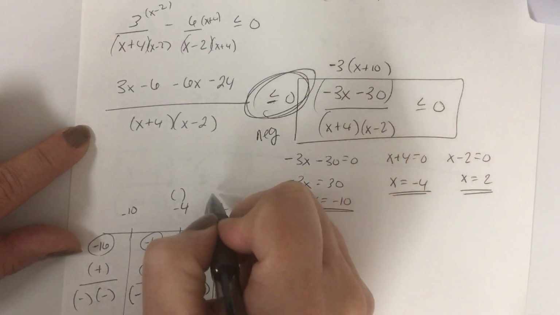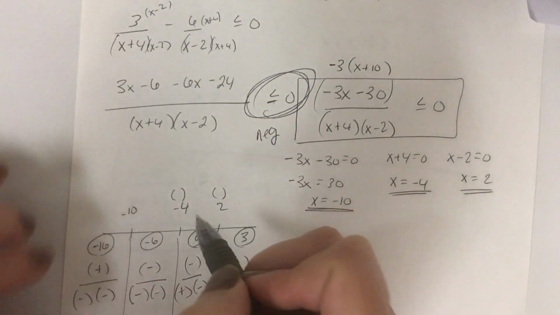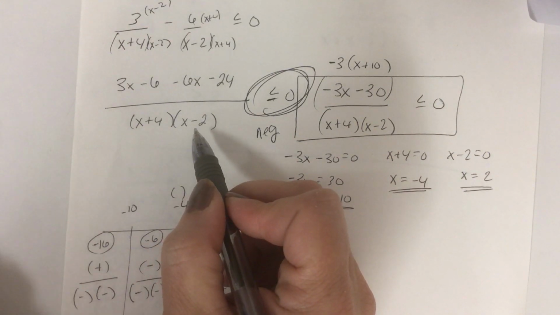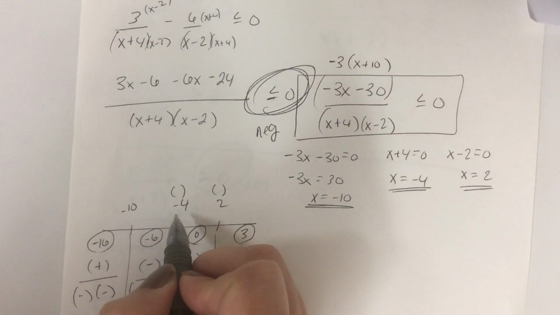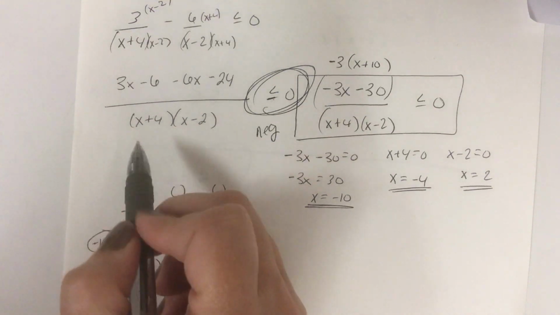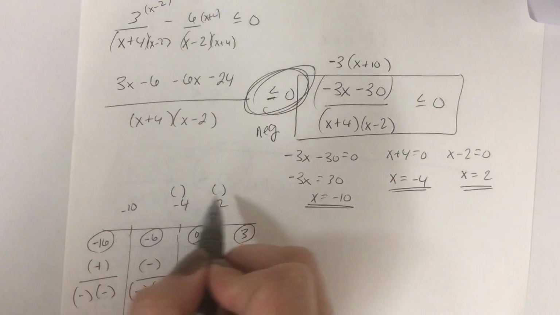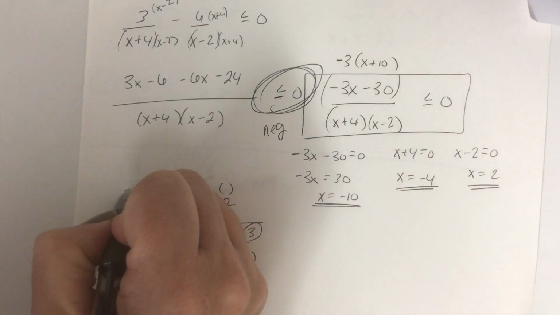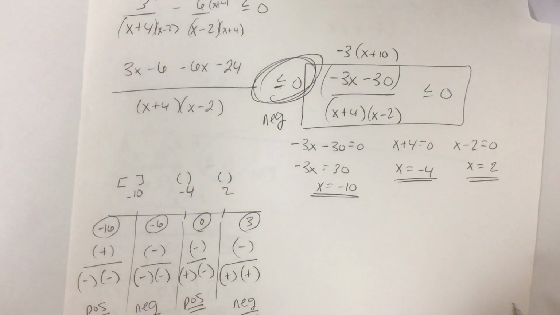You can't have a bracket on the 2 either, because a bracket means it can actually equal that number, and 2 minus 2 gives you a 0 in the denominator, and you can't have that. Same with negative 4. If I put negative 4 in there, I get a 0 in the denominator. So I can never have a bracket on my answer on the negative 4 or the 2. I can have a bracket on my negative 10 if needed.